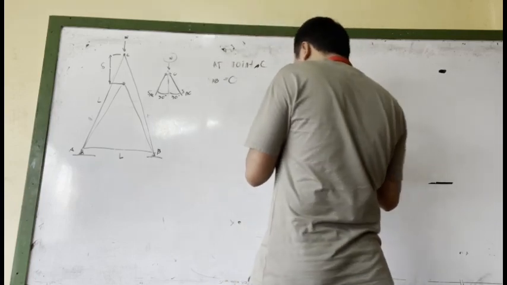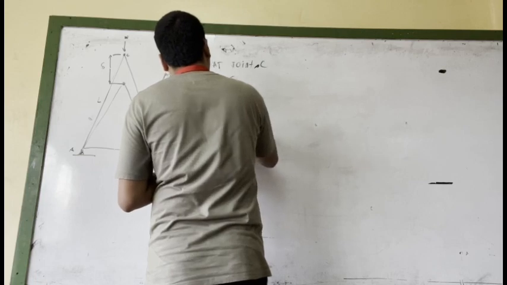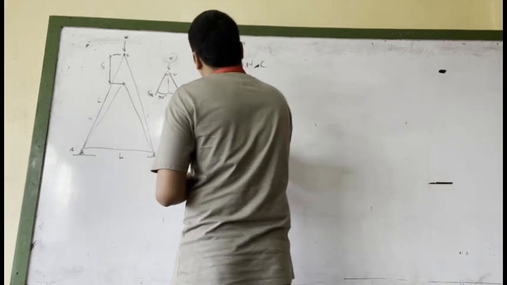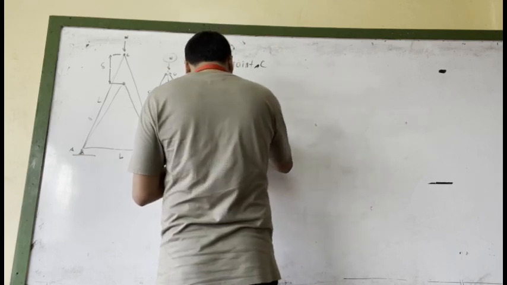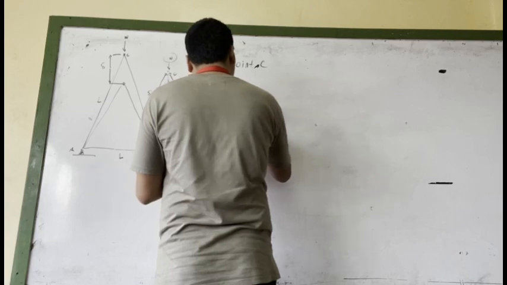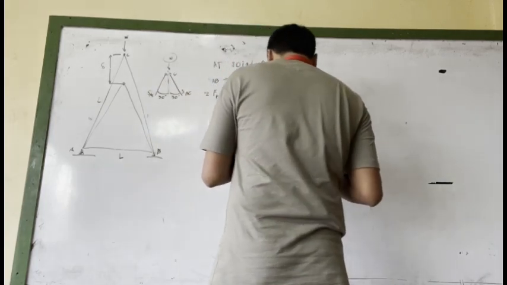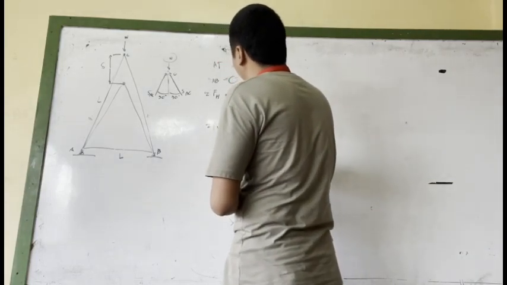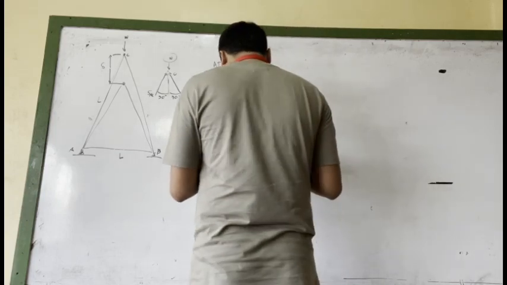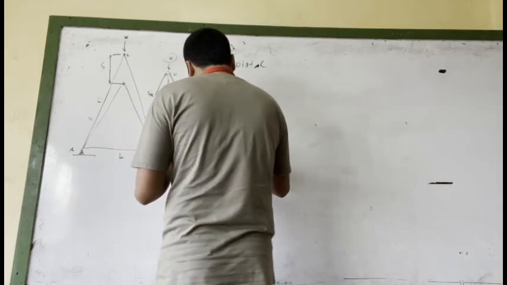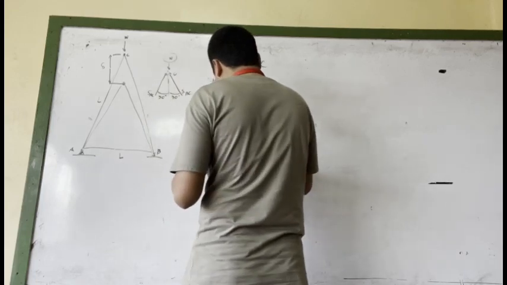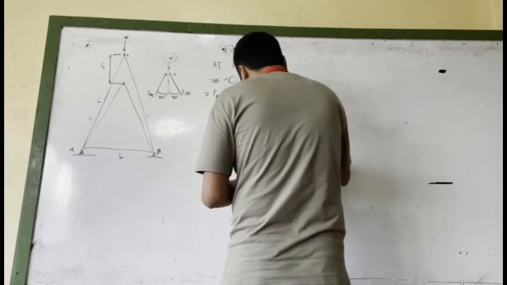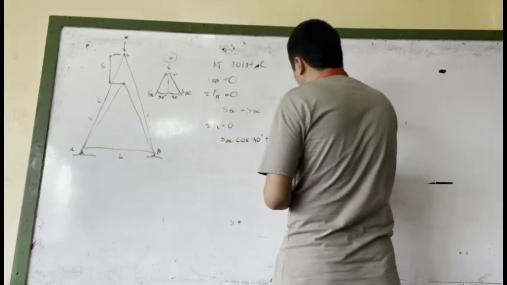In the summation of forces in the horizontal, x equals 0, S_AC is equal to S_BC. For the vertical, the summation of forces in the vertical is 0, which is equal to S_AC times cos 30 degrees plus S_BC times the same cos 30 degrees.